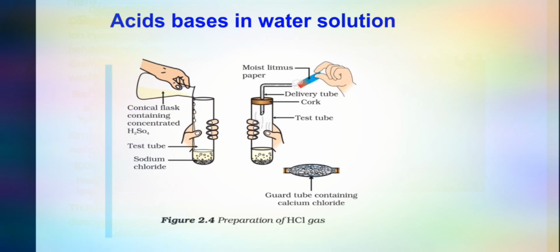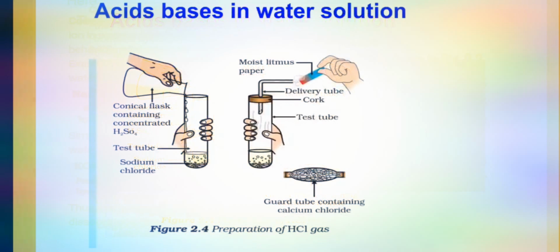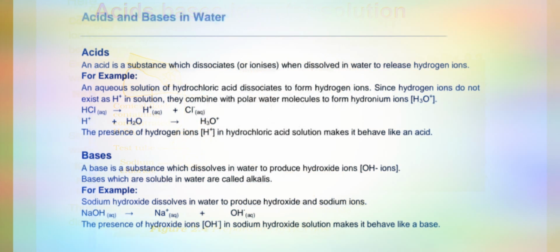How can we explain this? By the reaction, the fuming gas is HCl gas. So when we show the wet blue litmus paper in the way of HCl gas, in the presence of water content, the HCl dissociates into H plus ions. So it shows an acidic character. We can say that an acid is a substance which dissociates when dissolved in water to release hydrogen ions.